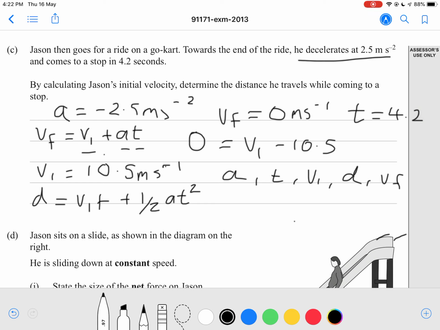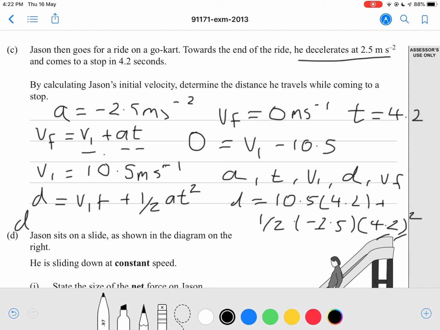Then we just substitute these numbers in and see what we get, okay? So basically D equals 10.5 times 4.2, plus 1 half times negative 2.5 times t squared, which is 4.2.